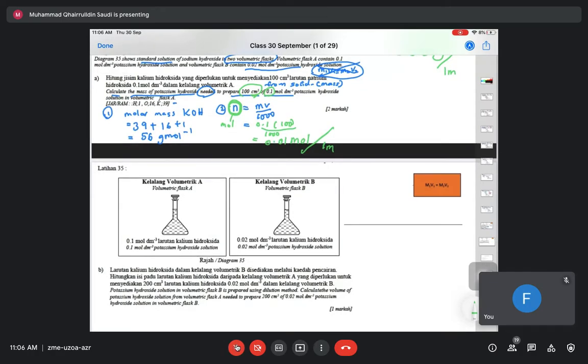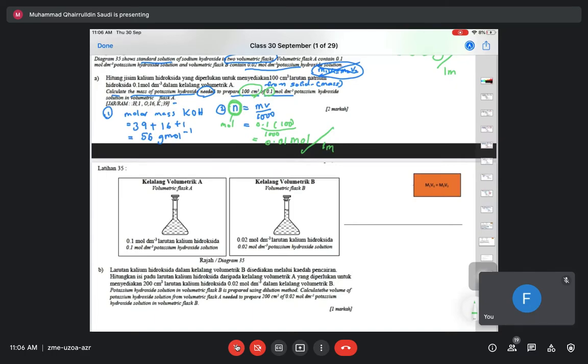Astro ke? Ya. Dia dah tahu kat mana, faham tak? Dia pernah pasang ni.